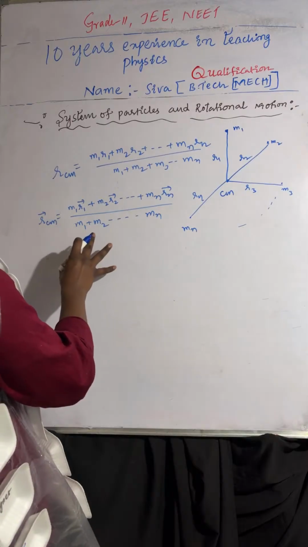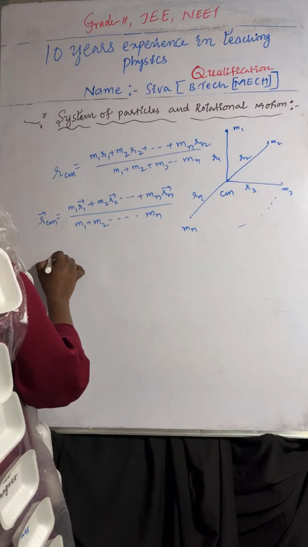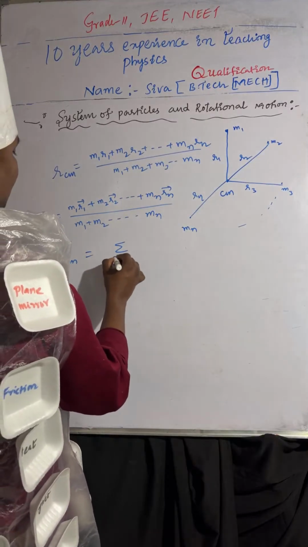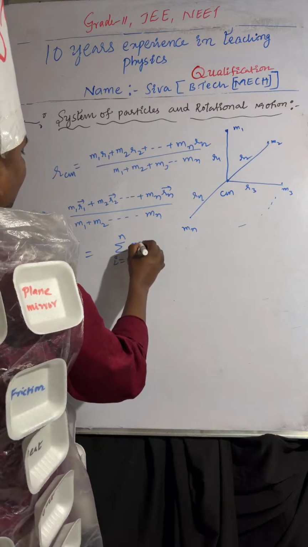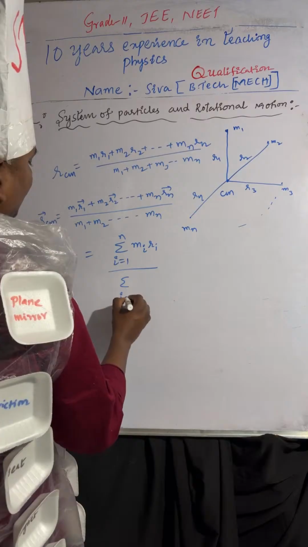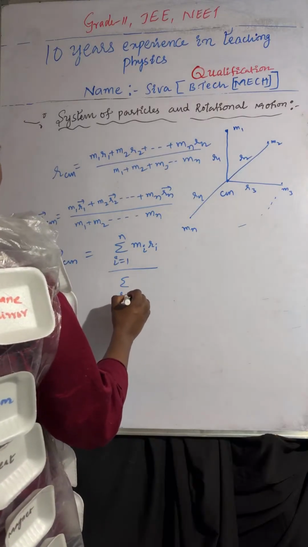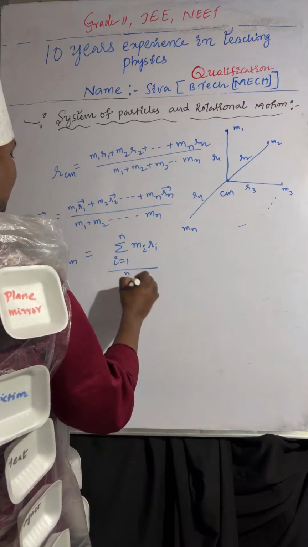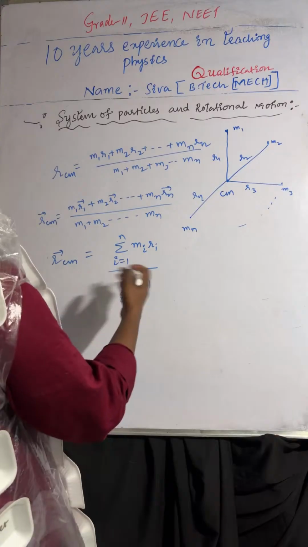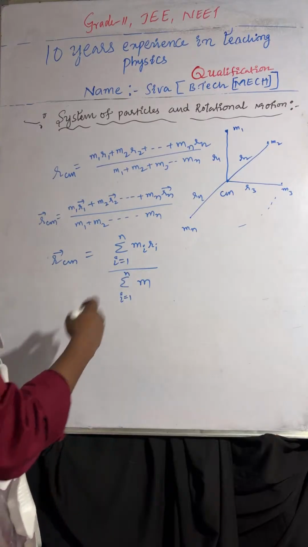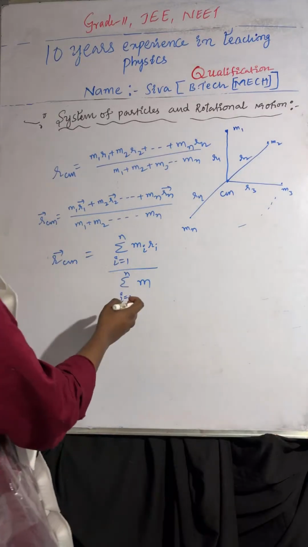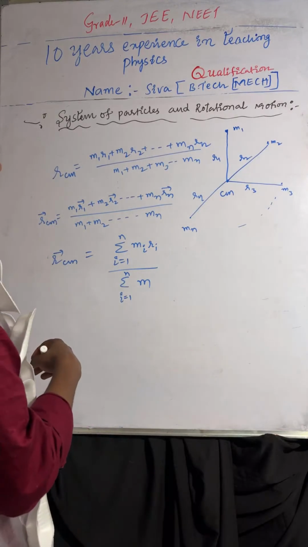Now we can write RCM equal to the sum from i equal to 1 to n of mi ri, divided by the sum from i equal to 1 to n of mi, which is equal to m.